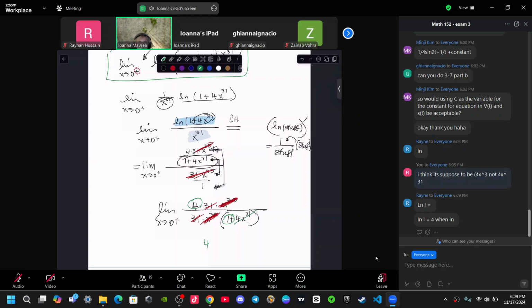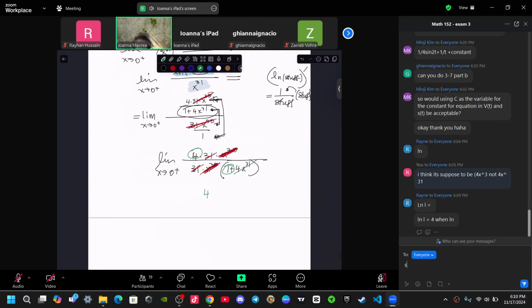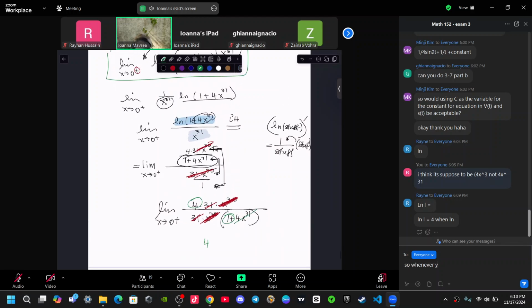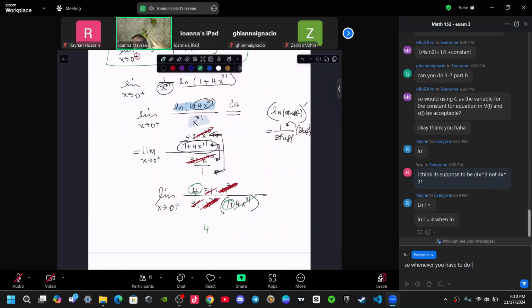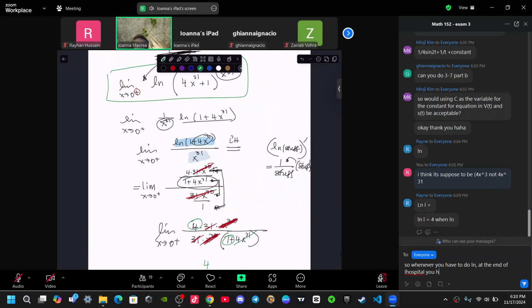I meant to put 31 so you guys don't do anything weird with the small number. So there's a 1 there hanging out. That's supposed to be there. It doesn't matter. I'm not sure what you're saying. Natural log of 1 is equal to 4? It's not. So I don't know what you're saying.